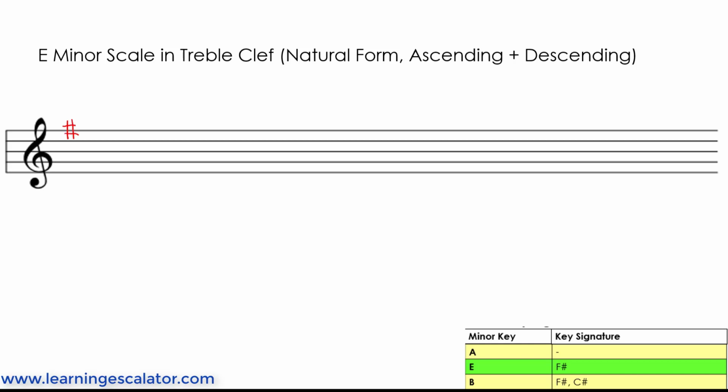So E minor scale in the treble clef natural form, so you don't need to raise anything, so you just write E, and it's ascending and descending, so you write E to the high E, and then back to the low E. So E, F sharp, G, A, B, C, D, and E. You should write the notes the same size.